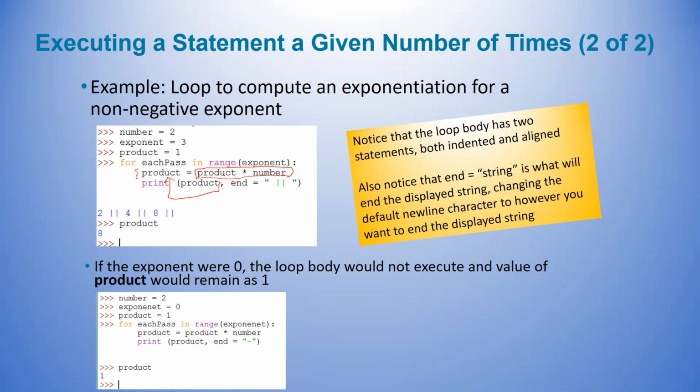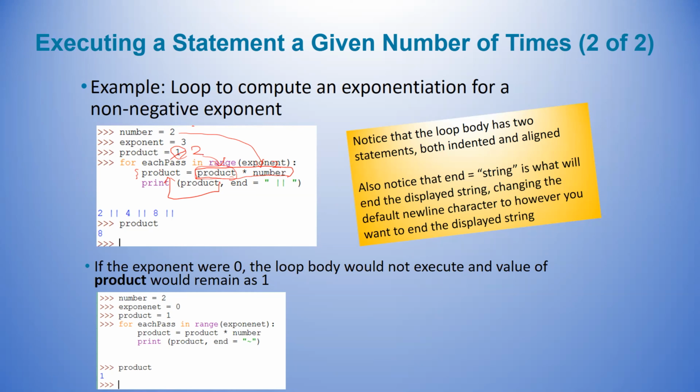Okay, so within this expression, product, you remember the system will go to the memory location named product and get the value, which is 1, right? And number, it goes there and gets number, which is 2. So 1 times 2 gives you 2. And so now product is not 1 anymore, it's 2, right? So it assigned that 2 to it.